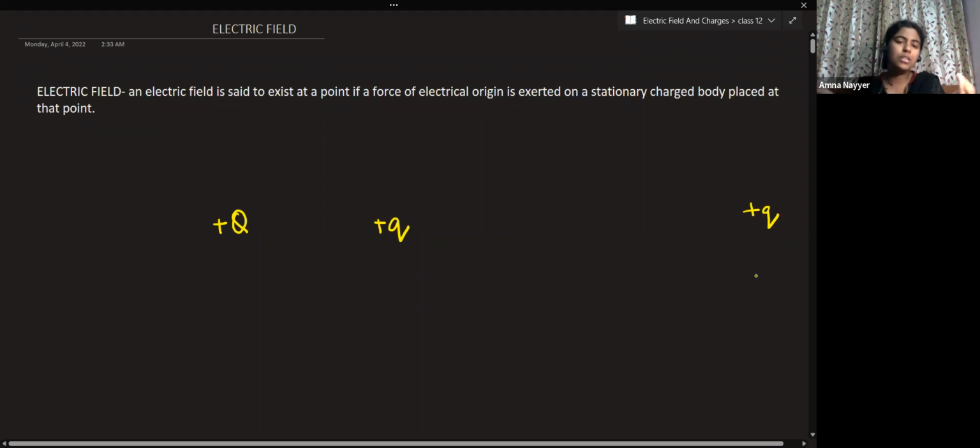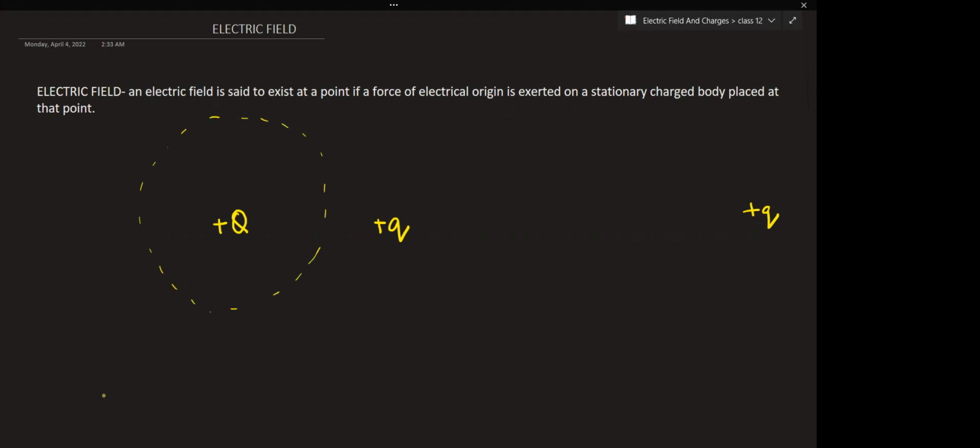Now this charge q is near this capital Q. So it is observed that this charge plus Q has a certain electrical environment. If this electrostatic force acts between two charged bodies even without any direct contact between them, the nature of this action-at-a-distance force can be understood by the concept of what we know as electric field.